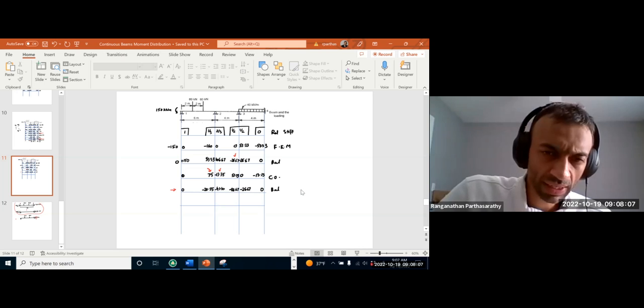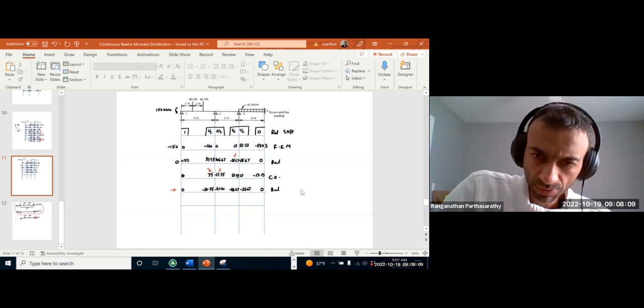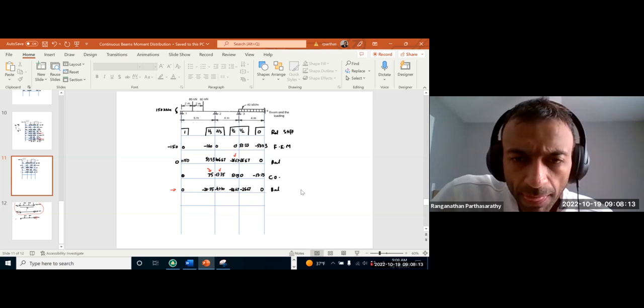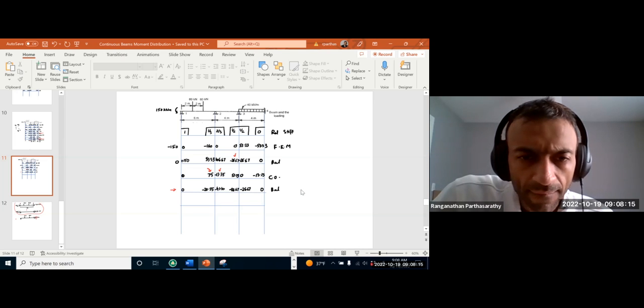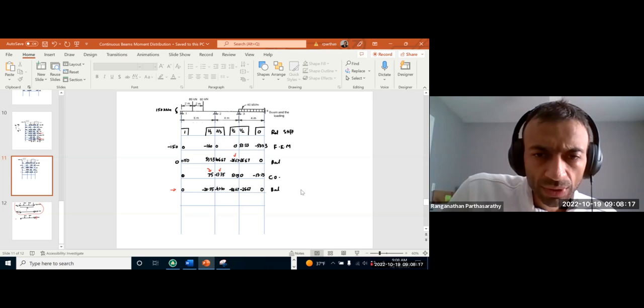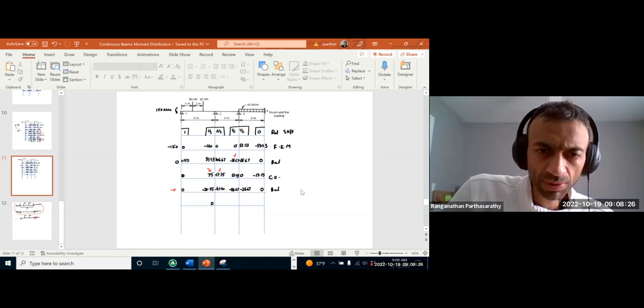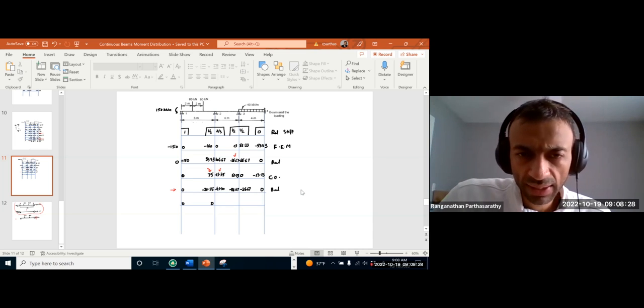So now we have zero, so this side nothing, this side negative 20.55. This is a propped end, so nothing. Then this side is negative 13.33.